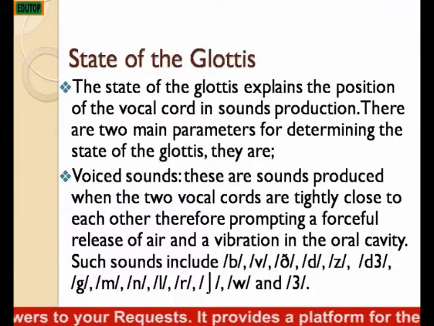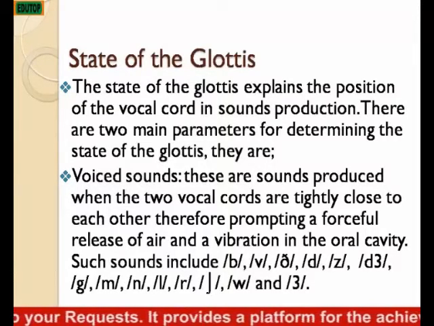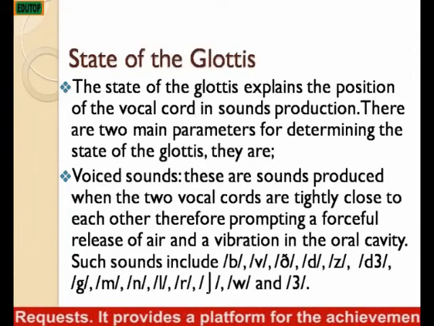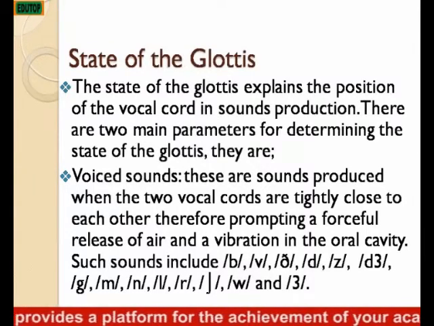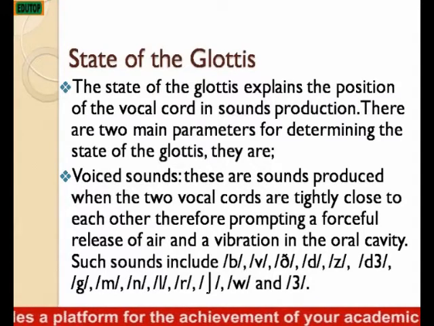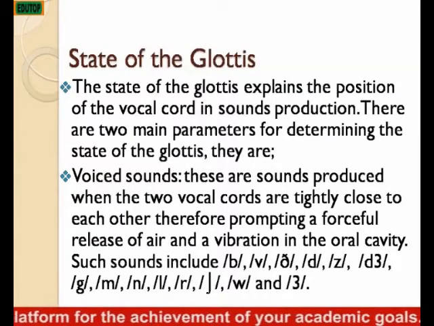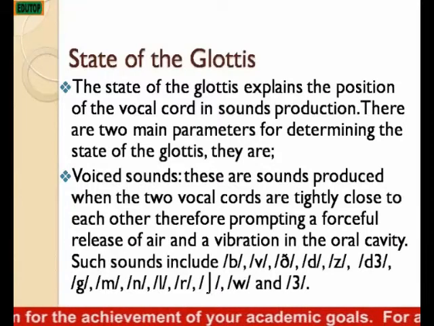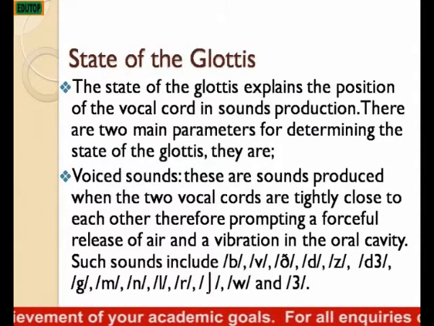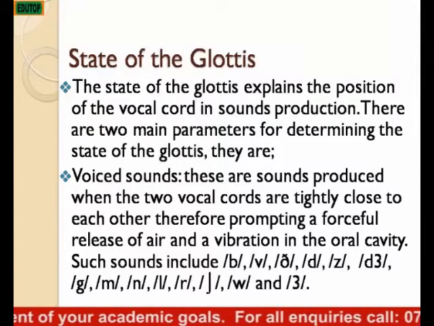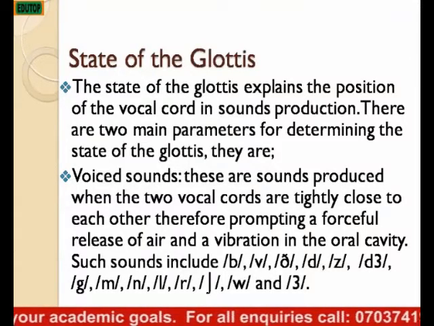So in producing voiced sounds, there is going to be a closure, a tightly closed vocal cord. The vocal cords will be tightly close to each other, and then it will prompt a forceful release of air. Then the release of air will eventually lead to vibration in the oral cavity.